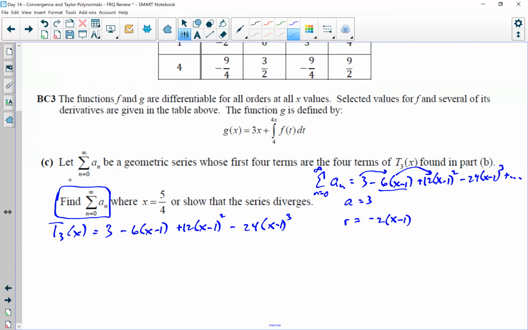What it doesn't tell us is what it converges to. Converges means there is a sum, a limiting number of those partial sums as n approaches infinity. If we kept adding numbers forever, the total would approach some specific real number. Well, we don't know how to find that unless the series is geometric. That's the only one right now for calculus.